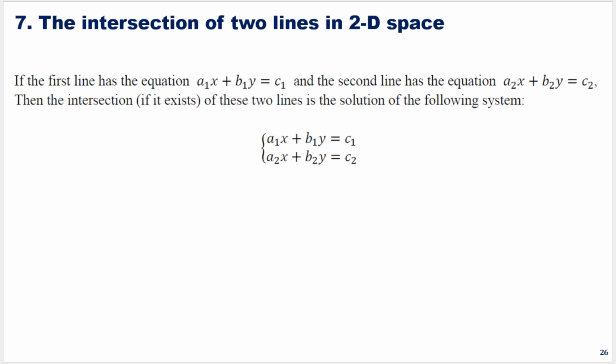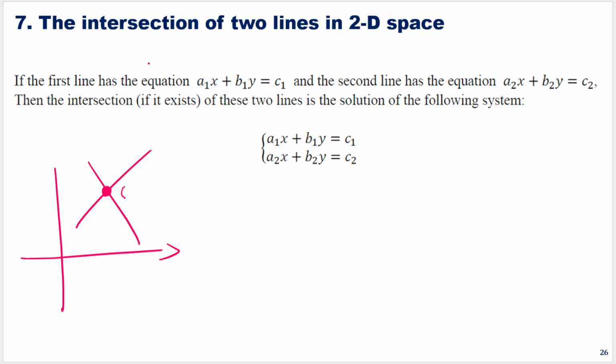Then next, the method to find the point of intersection between two lines in two-dimensional space. So sometimes, if two lines intersect at a certain point, we want to find the coordinates of that point, right? So how can we do this?